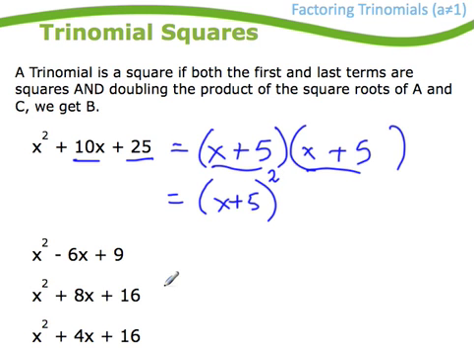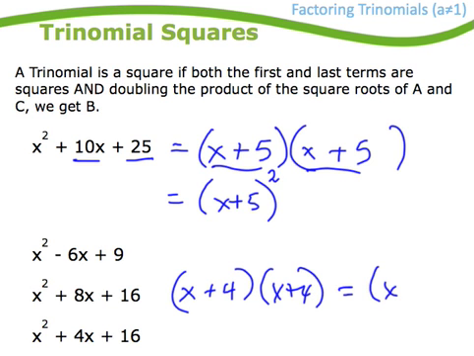So when you go down to these ones here, like this one, you've got x plus 4 and x plus 4, which is x plus 4 squared. Two numbers that multiply to 16, add to 8, 4 and 4. Here, this is an interesting one, x squared plus 4x plus 16.